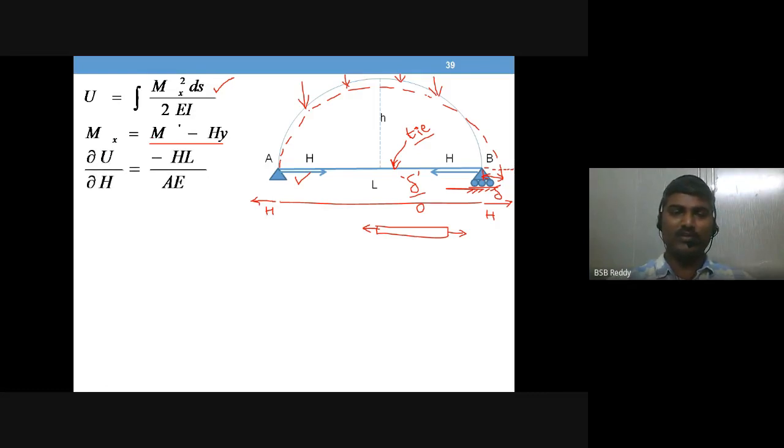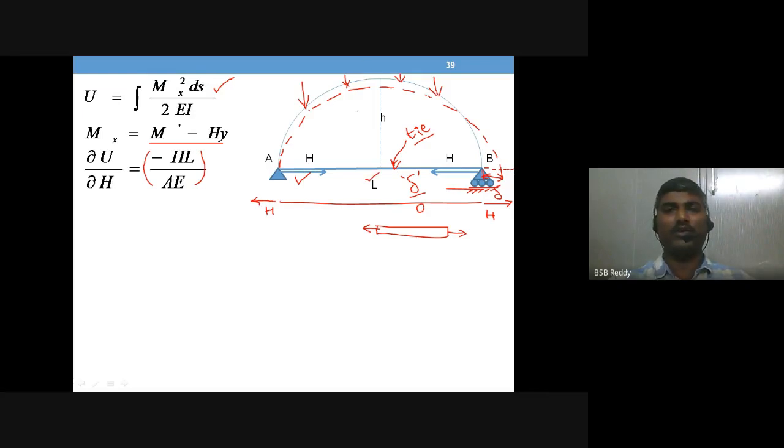Now let's come to this. We were using dou U by dou H equal to 0 as the basic equation that you should remember. And this is what is a change now. You see, dou U by dou H was 0 for an arch having two supports as hinges, because the span of the arch will never change.